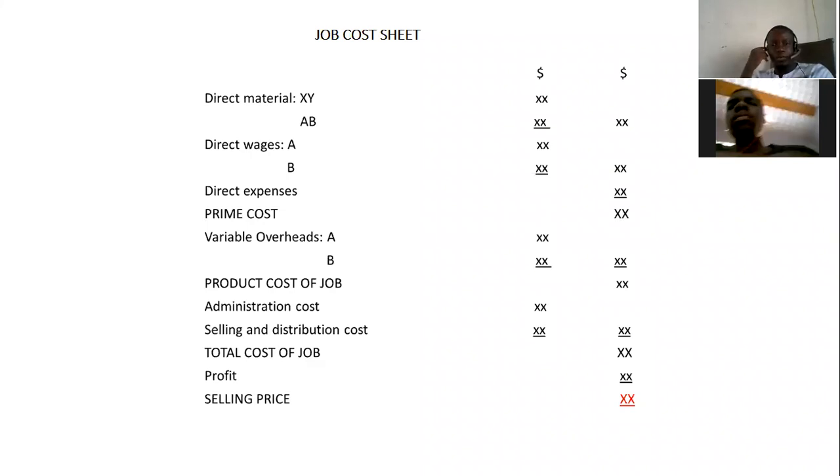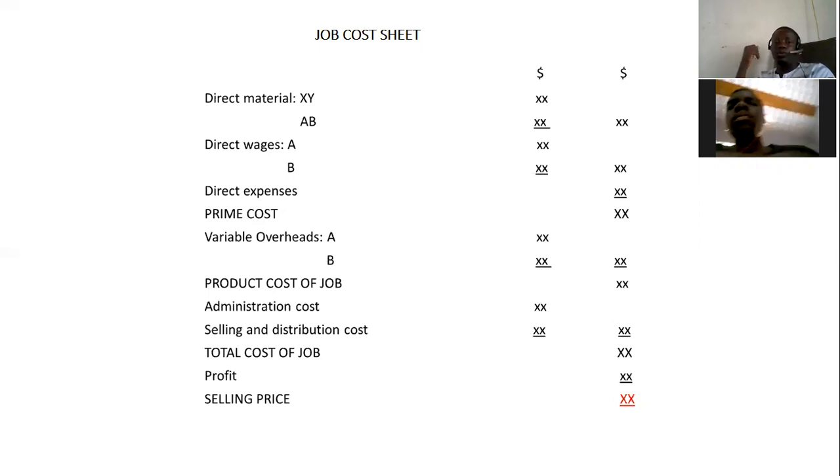Now, the first item, we have direct material. Per the format, it means that they're having two different types of materials here, material XY and material AB. It depends. There are some questions where you may be given just one material being used to produce that particular product, or to complete a particular job.